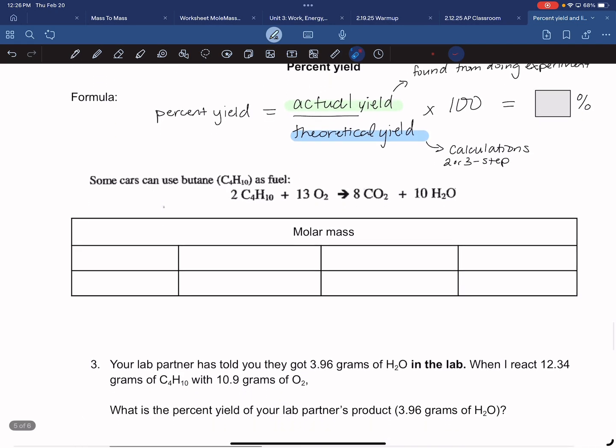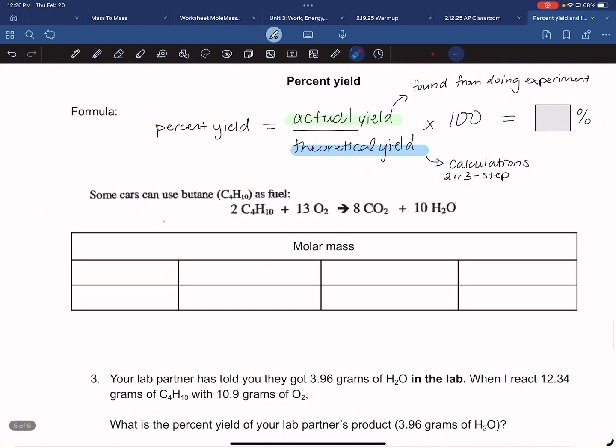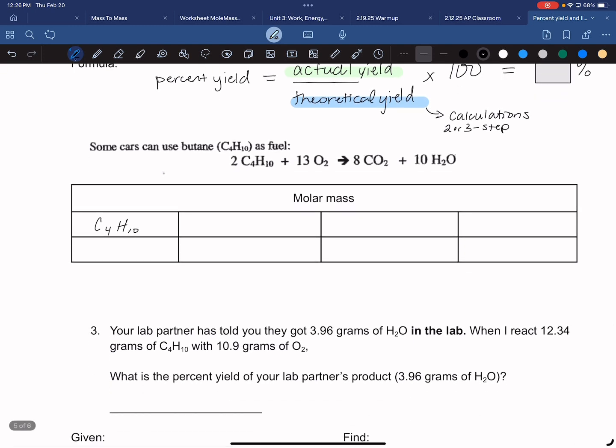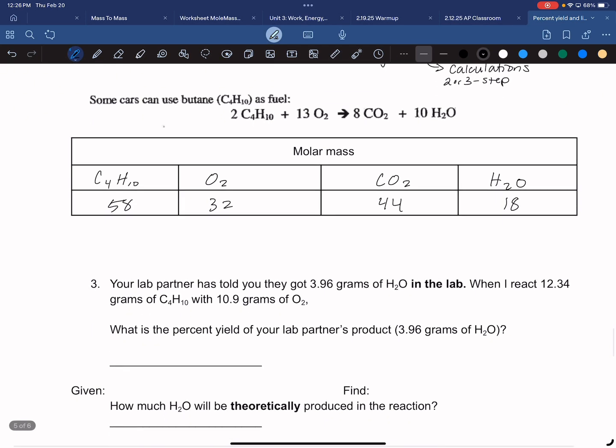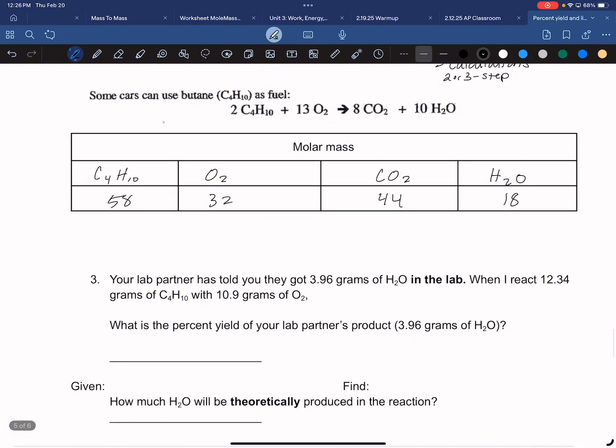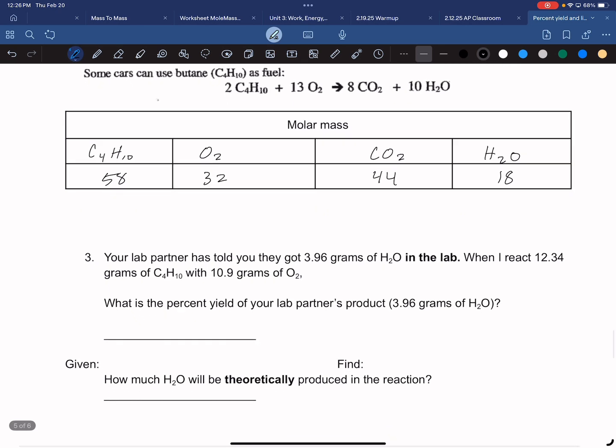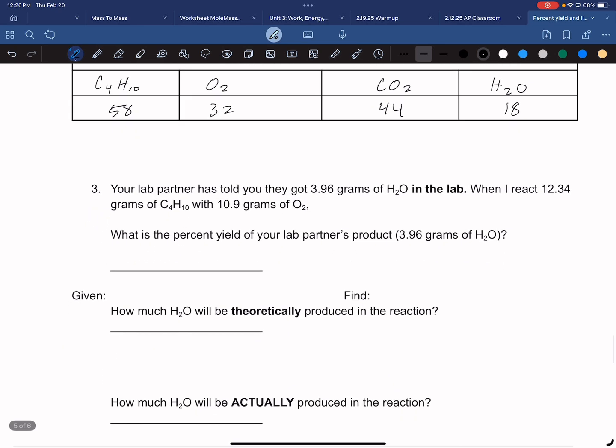So we're almost done, y'all. Stick with me. Let's go ahead and repeat this molar mass. It's the same reaction on this side, so you don't have to flip back and forth. C4H10 is 58, O2 is 32, CO2 is 44, and H2O is 18, okay? Actually, we don't even need to calculate because we already did it.